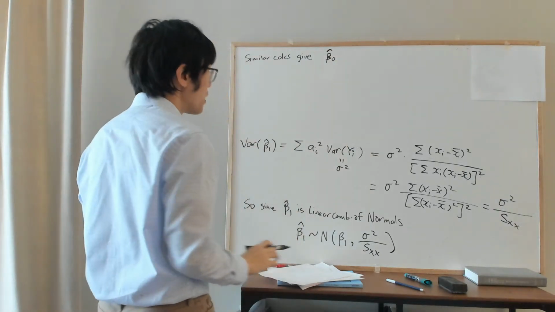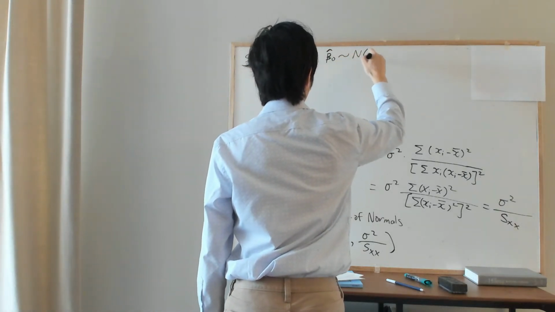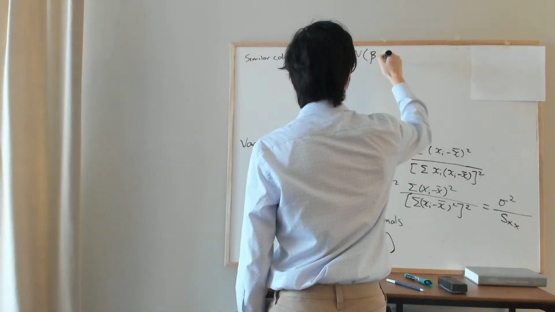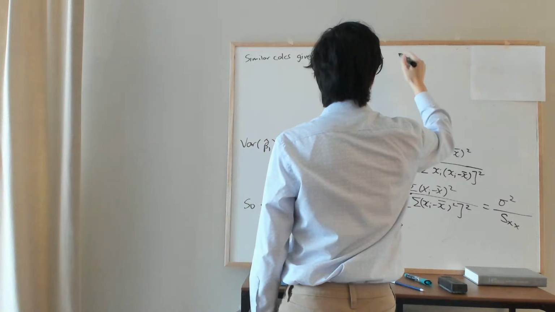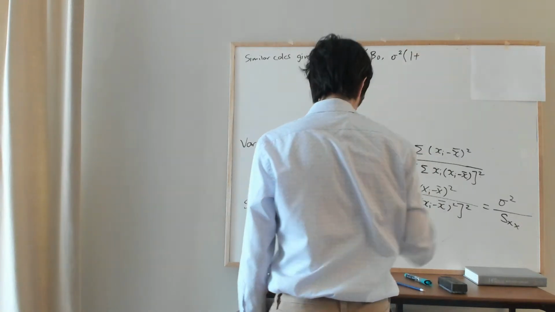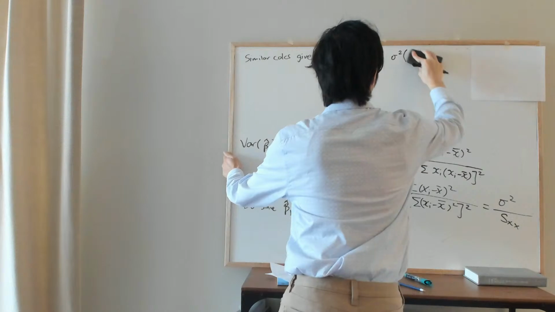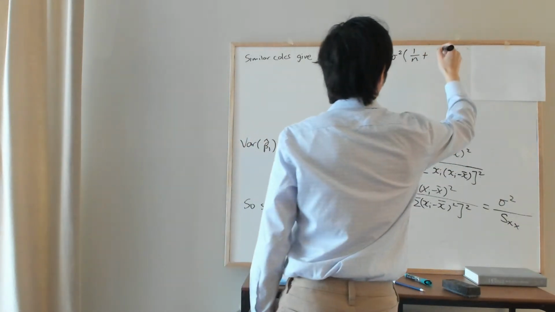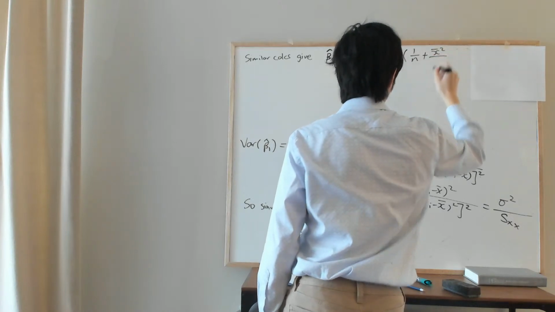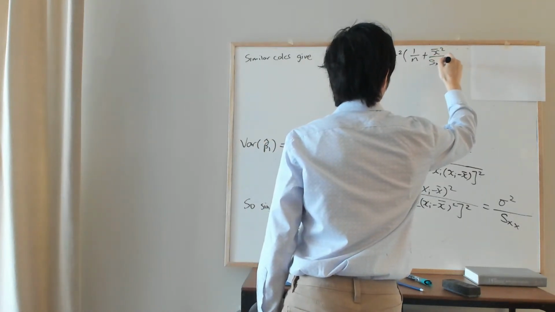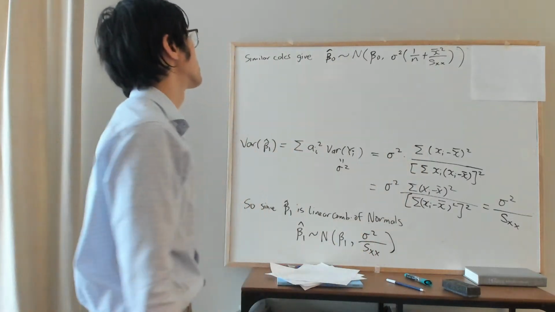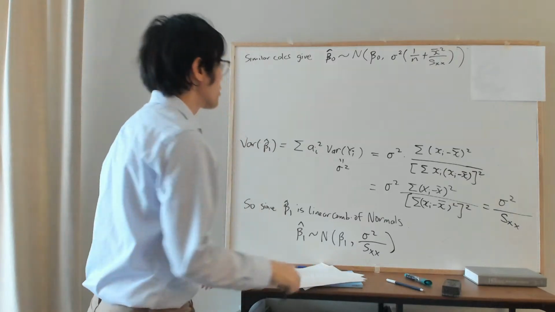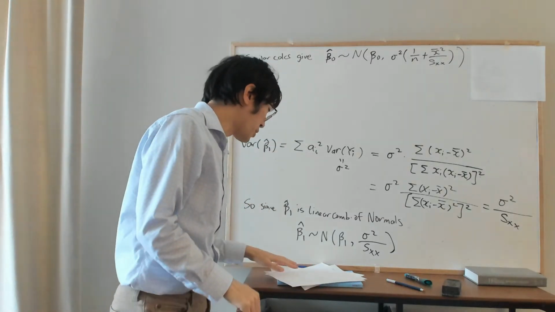Viewing beta 0 hat as a random variable, it has a normal distribution with mean beta 0, and variance sigma squared times 1 over n plus x bar squared over the sum of squares x. This can be done using similar techniques.